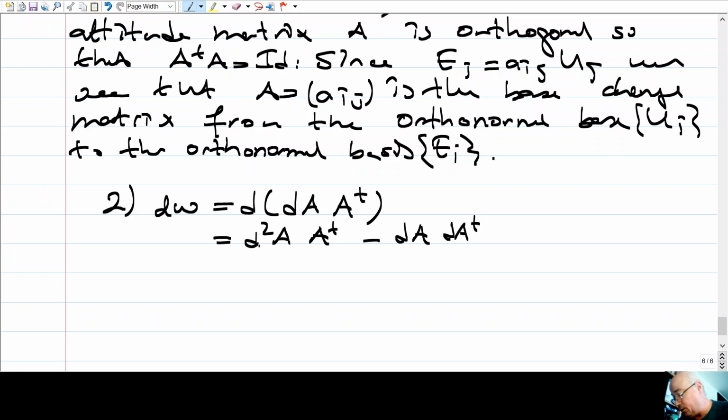But this is 0. If you take derivative twice, you get 0. Therefore, this is just minus dA, dA transpose.